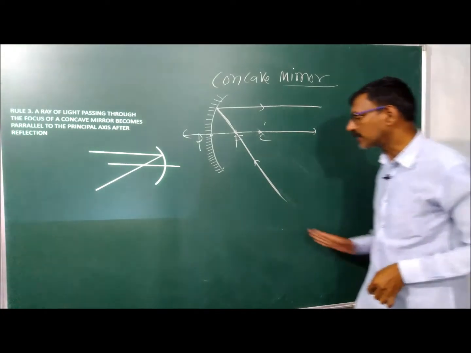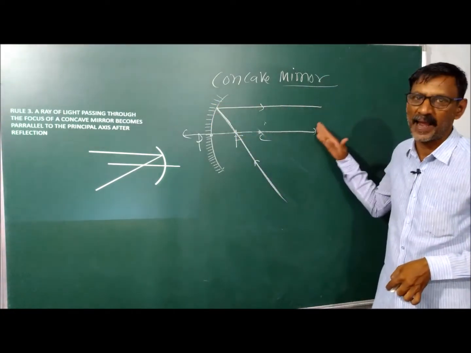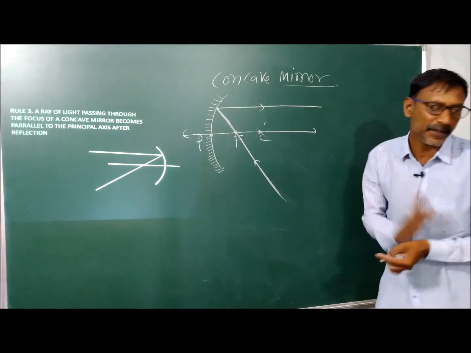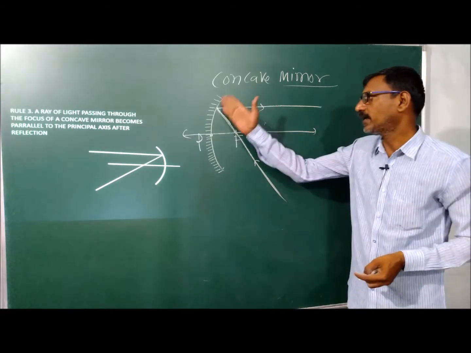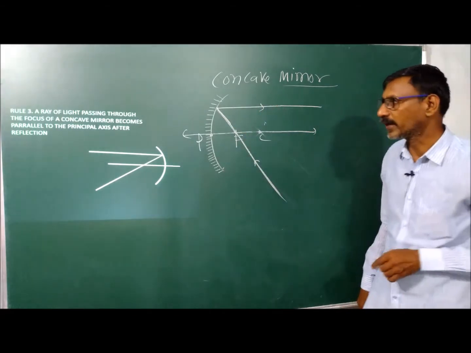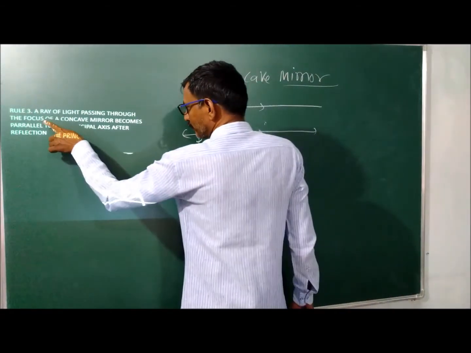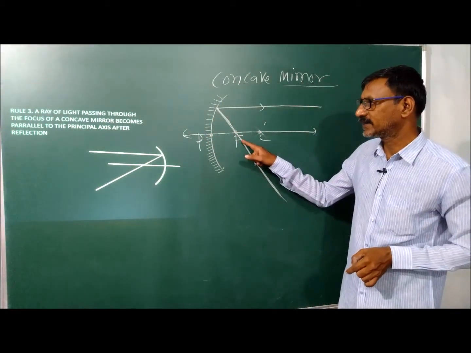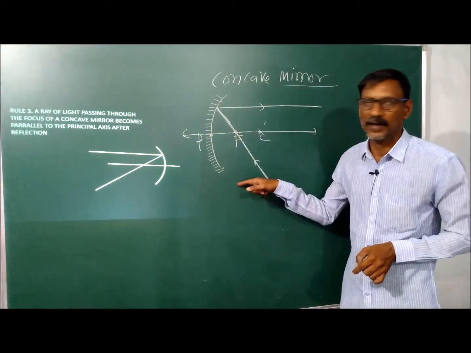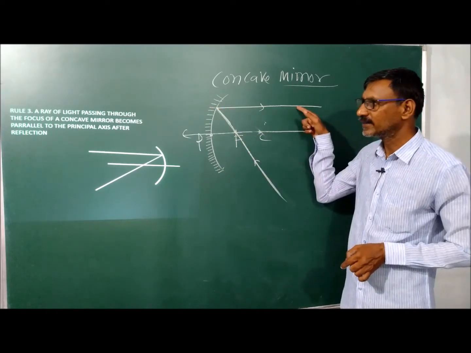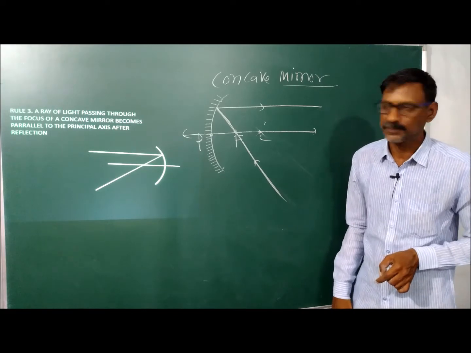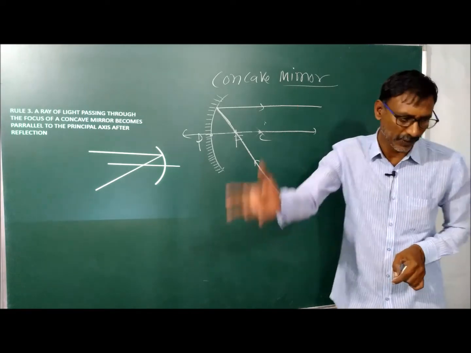Reverse: if it is passing through the focus and reflected back, it travels parallel to the principal axis. A ray of light passing through the focus of a concave mirror bounces back parallel to the principal axis. This is the third one.